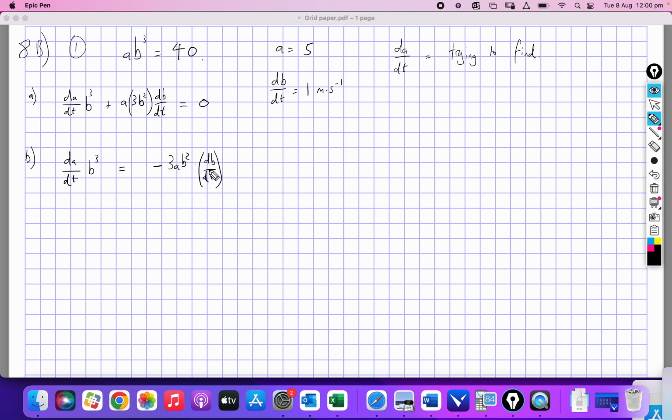They've made this number 1, so that will be easy to deal with. We need to divide by b cubed. So we've got dA dt equals minus 3ab squared on b cubed, and you can see the b's, there'll be some cancelling there, times dB dt. So let's tidy it up. They'll cancel out. That will go to 1.